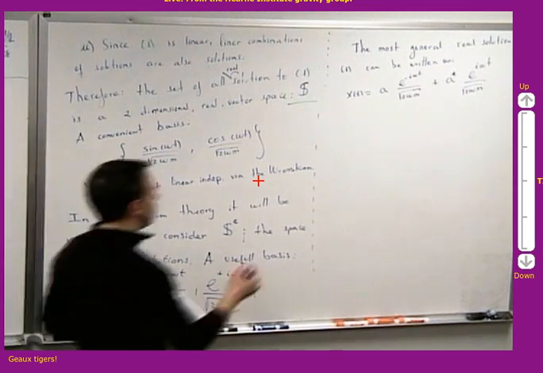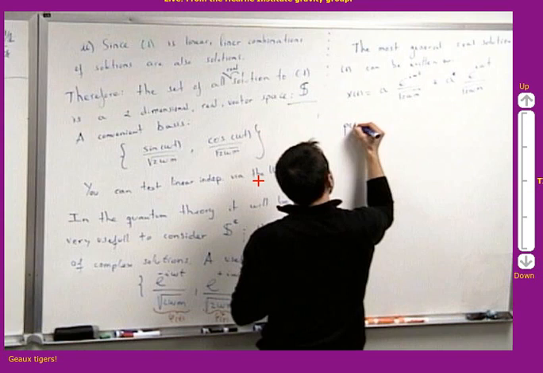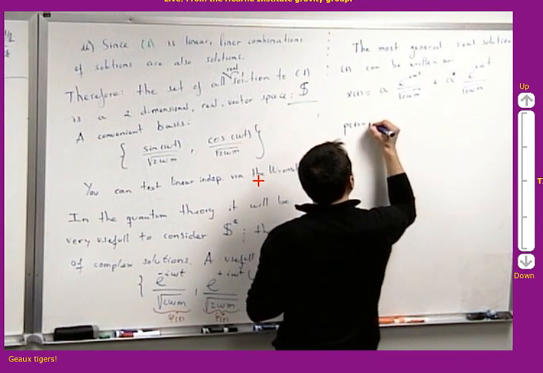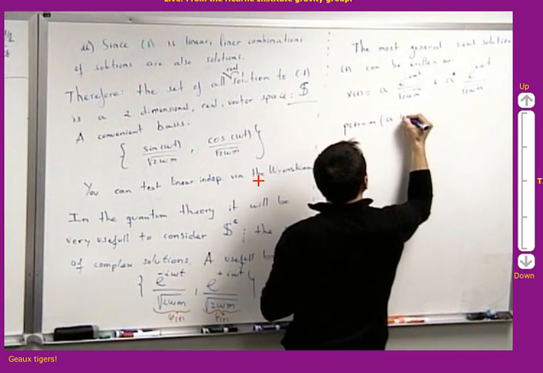Of course, if you want to know the conjugate momentum, the only thing you have to do is to multiply by the mass and take the time derivative.